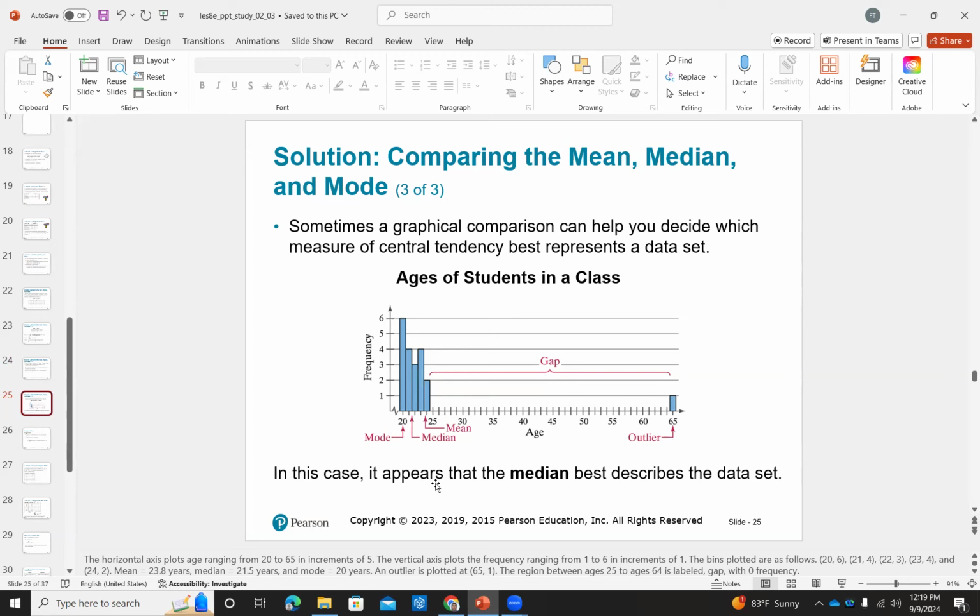In this case, it appears that the median best describes the data set, because the median is in the middle of the mode and mean.